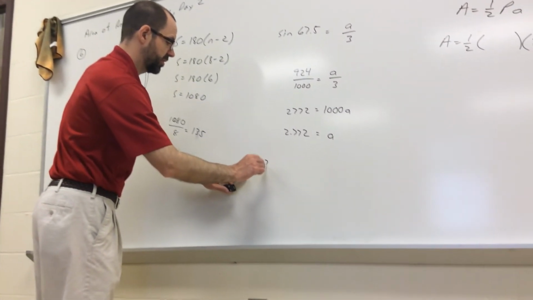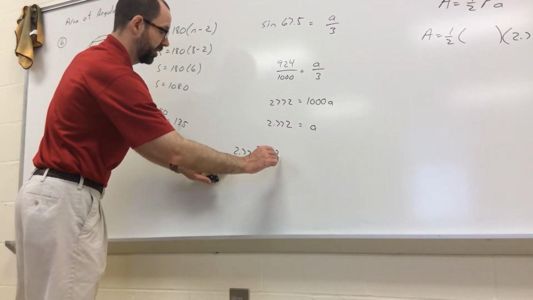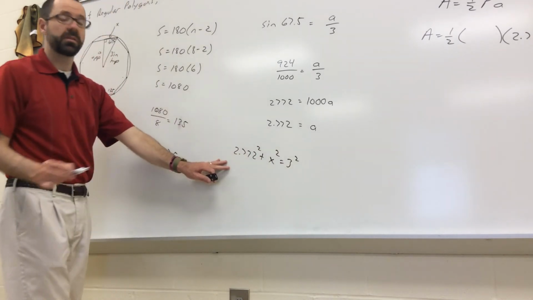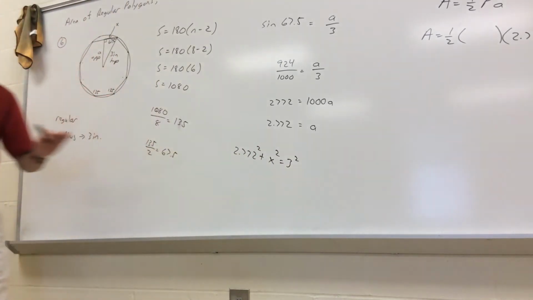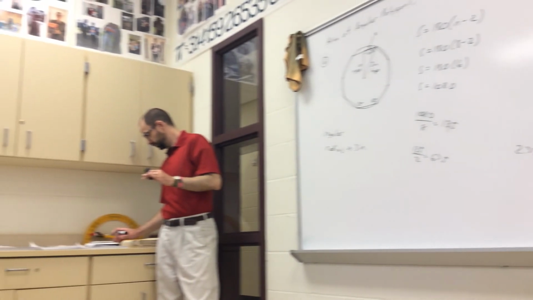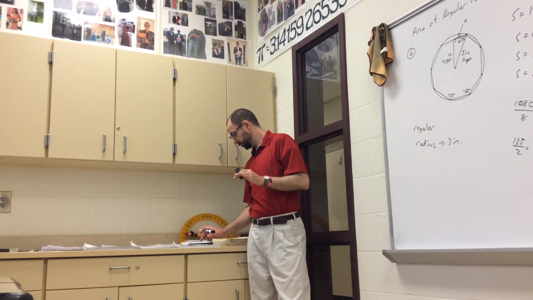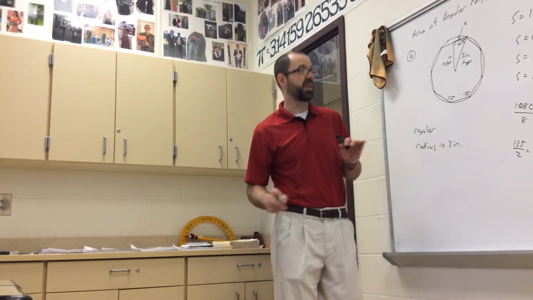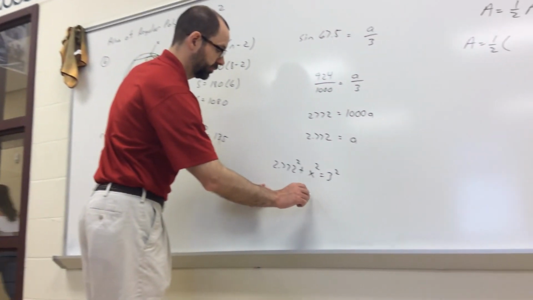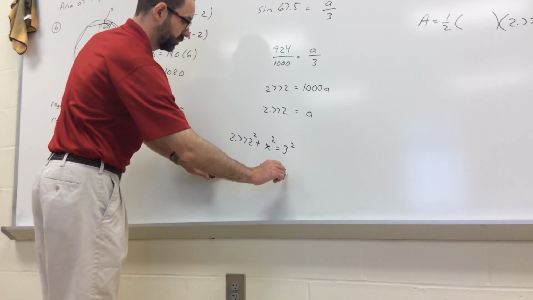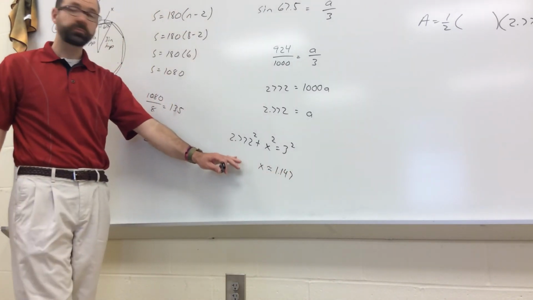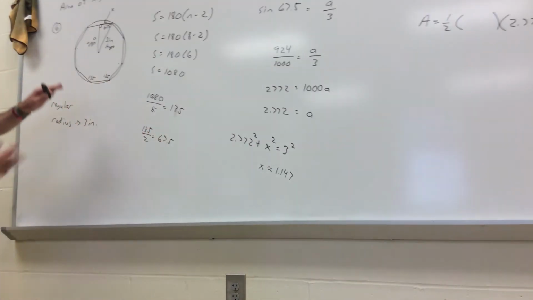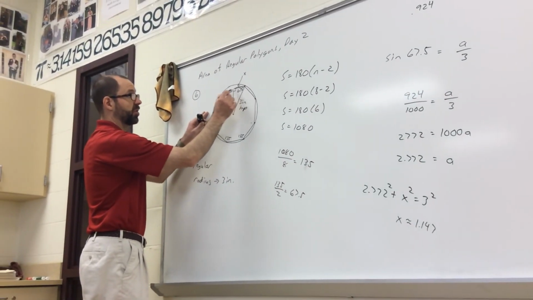So 2.772 squared plus x squared equals 3 squared. I'm getting 1.147. So then back over to here, that means this is 1.147.